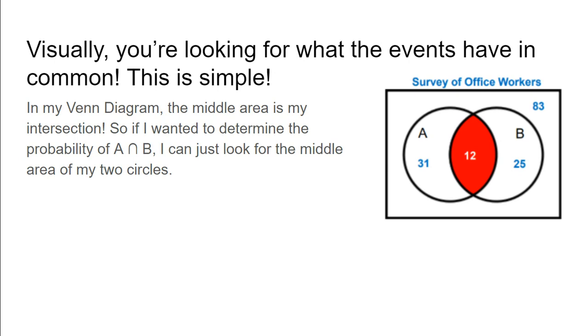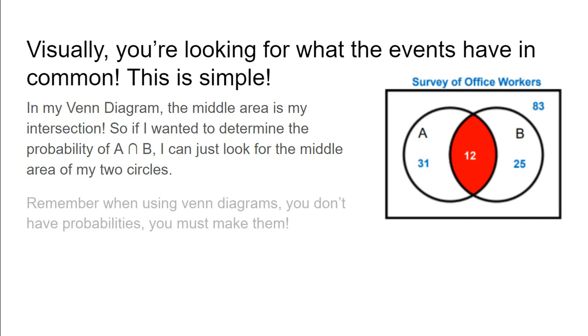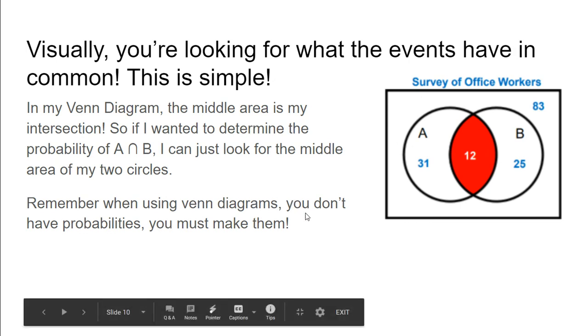And then 68 plus 83 is 151. So the probability of this middle here is 12 out of my total 151, which is about 7.9%. So here you just have to remember you have to make the probabilities.